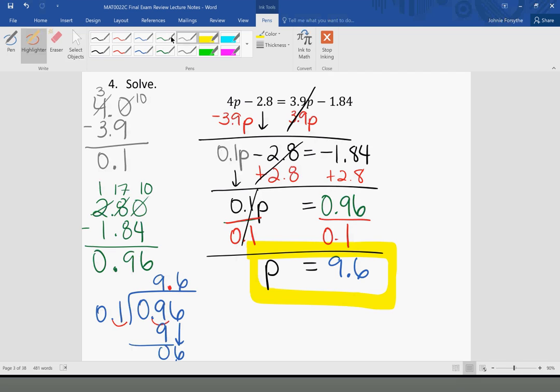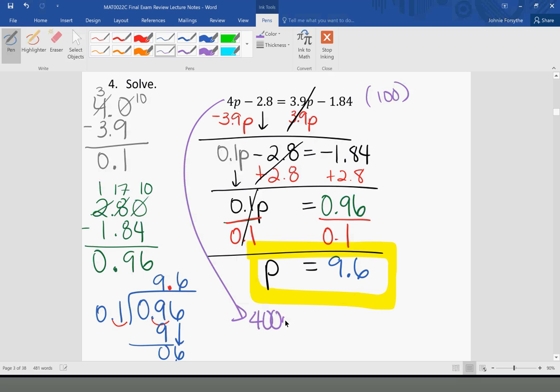What I was saying earlier was that if you notice in the beginning, you have 2 decimal places, that's the biggest number. So if you multiply everything by 100, then you would end up with 400p minus 280 equals 390p minus 184.